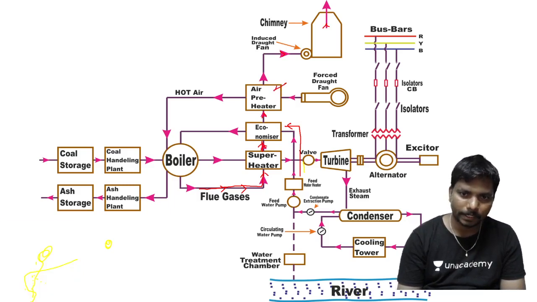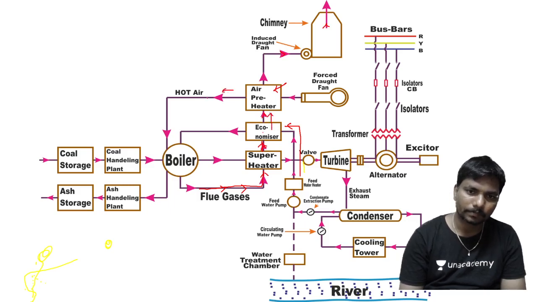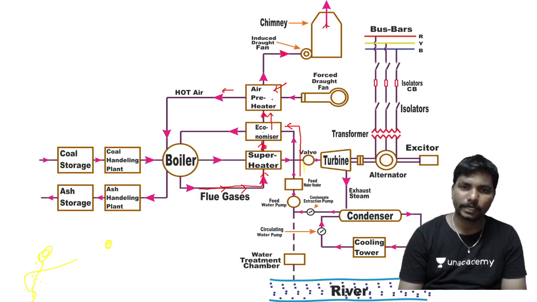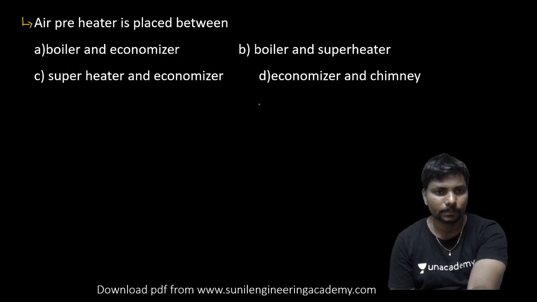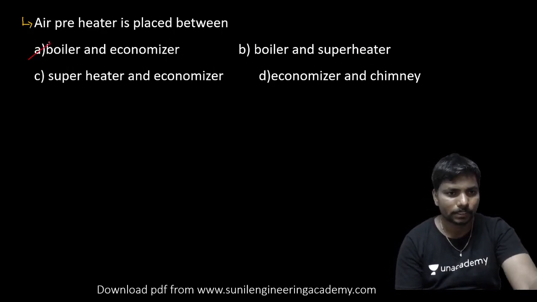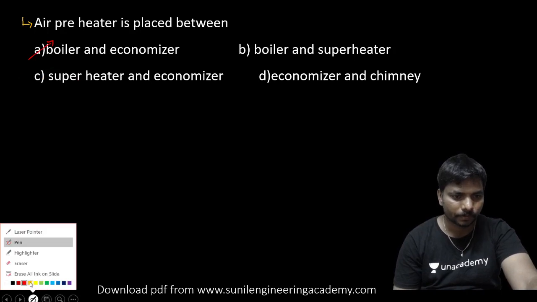Here is the air preheater, placed between the boiler and economizer. So the answer is option E.